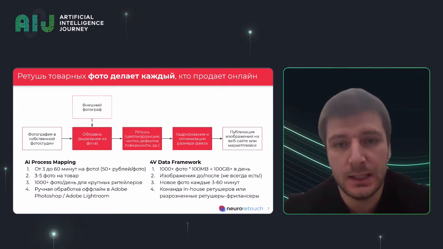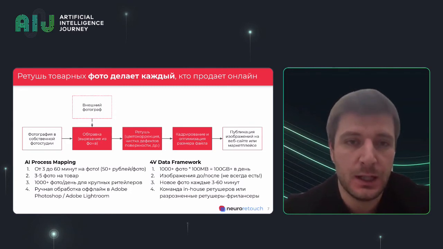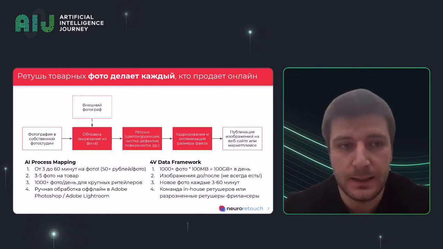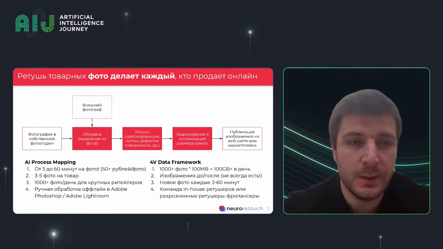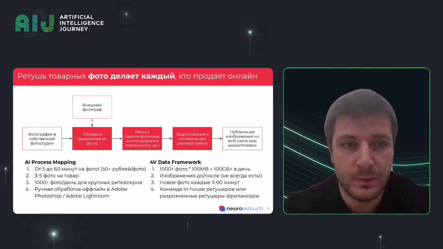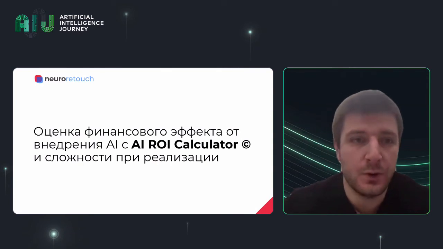This probably means that you will be dealing with not necessarily reliable freelancers, and their work also needs to be coordinated. So this is obviously something that AI could step in and solve quite nicely. So now we understand that AI process mapping and 4V data frameworks can nicely be applied here.